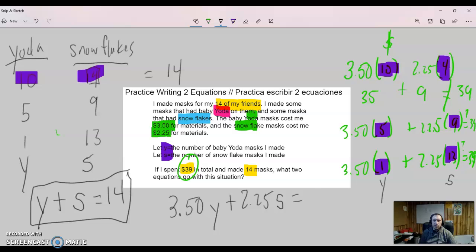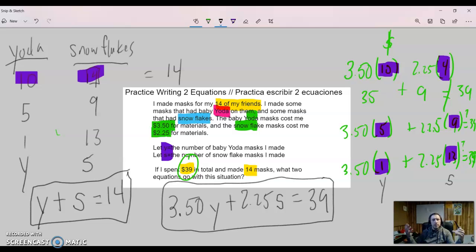That needs to equal $39. These are the two equations that we would use in this system of equations. All right? Take a moment, walk back through that, rewind this if you want to look. But the idea of guessing and then checking is to see how these equations will be set up as we walk through this problem.